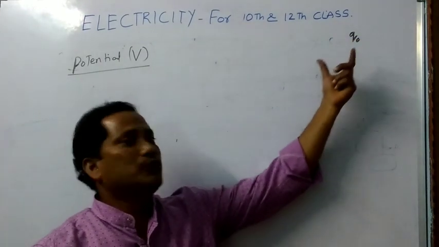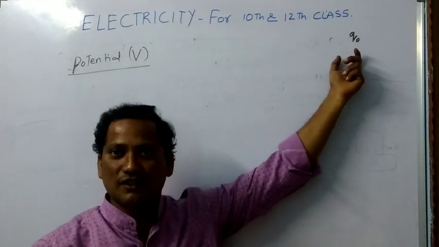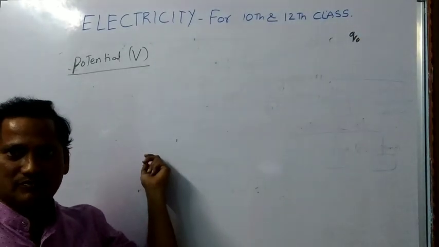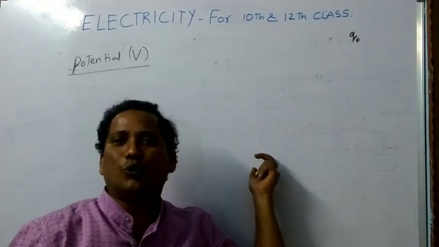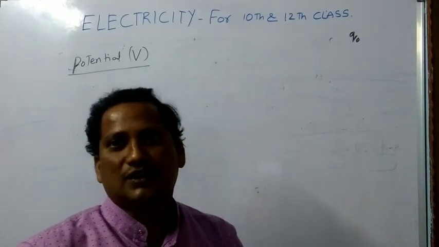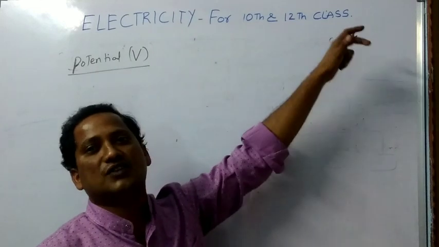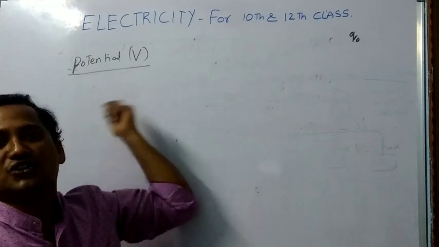Now, if you want to bring the unit positive charge from infinity to a particular point, then work must be done. The work done in bringing the unit positive charge from infinity to a particular point is nothing but potential.